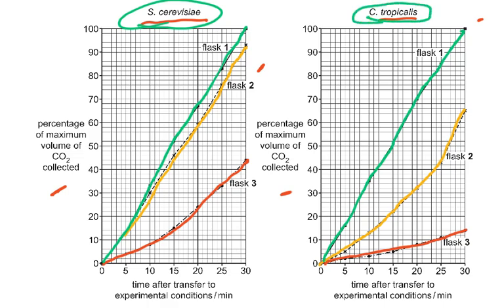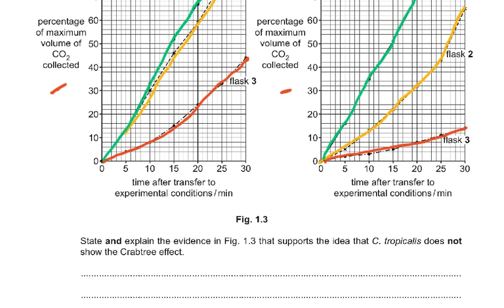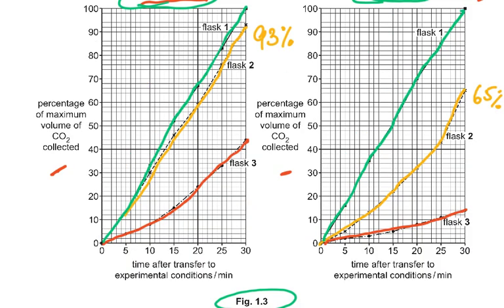So those are the two different yeasts. And let's look at the question: state and explain the evidence in figure 1.3 that supports the idea that C. tropicalis does not show the Crabtree effect. Now you can see that flask 2 provides us the evidence. Why?